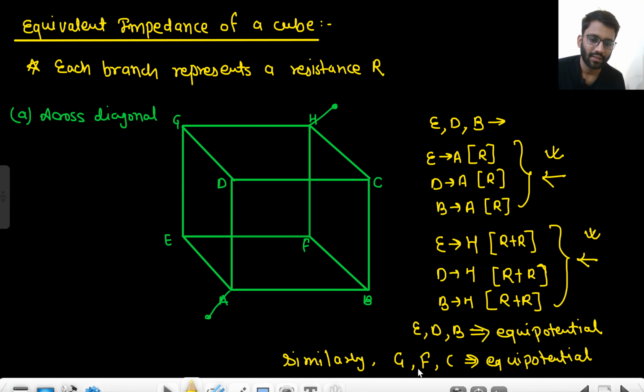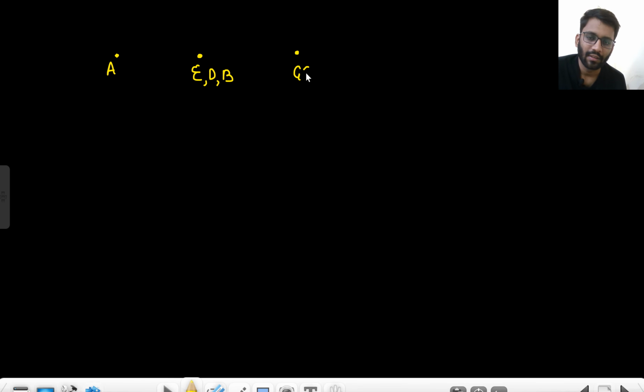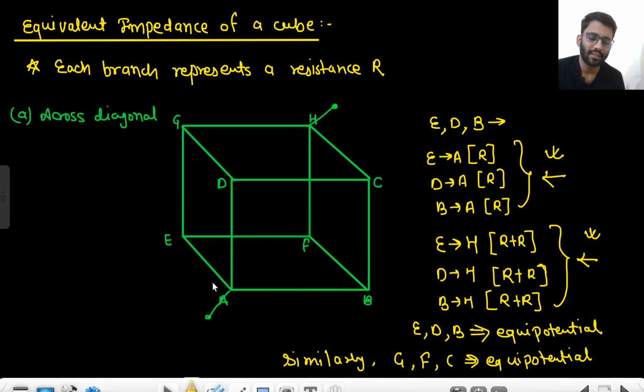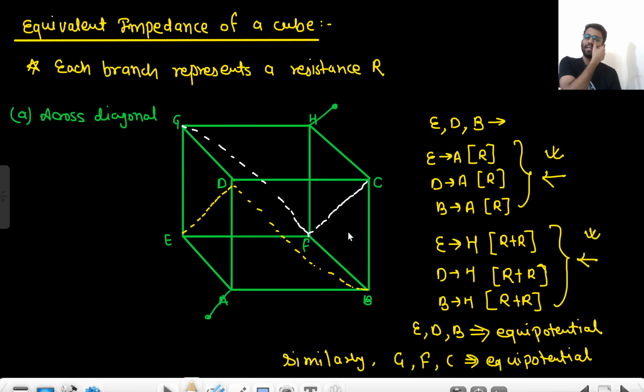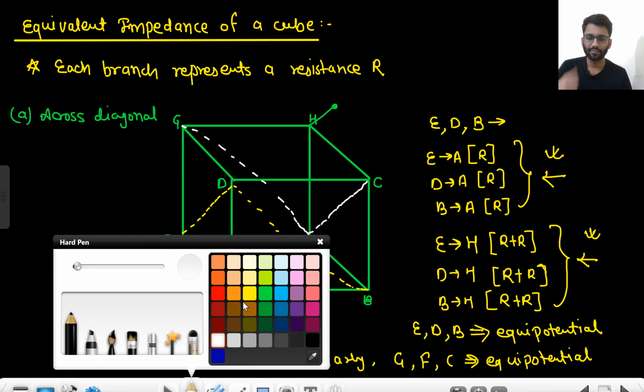Then I have points G, F, C. Then I have H. Look, these 3 points are equipotential, and these other 3 points are also equipotential, right?